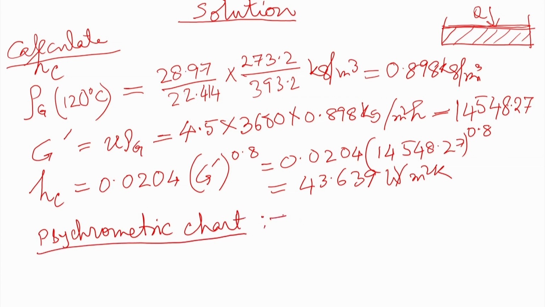Say Tg is equal to 120 degree Celsius and yi is equal to 0.02.